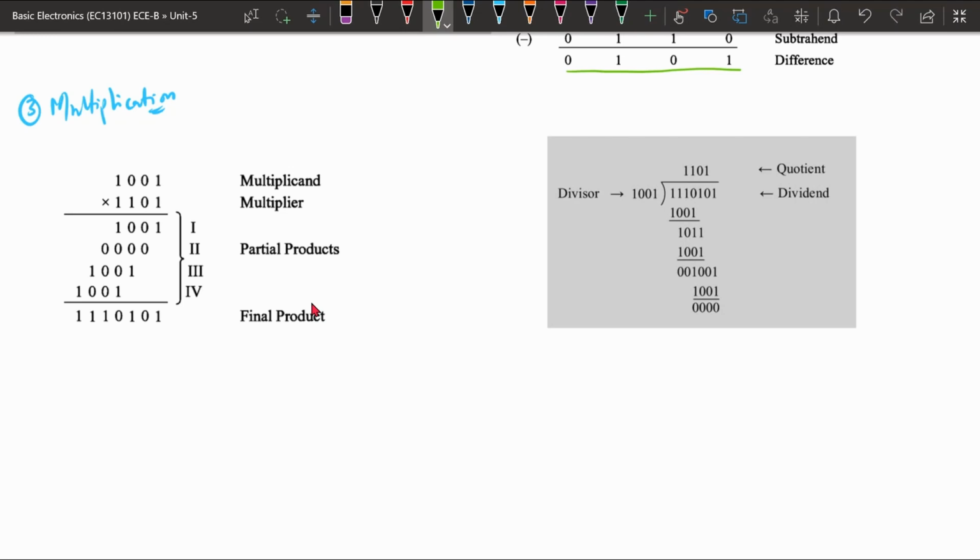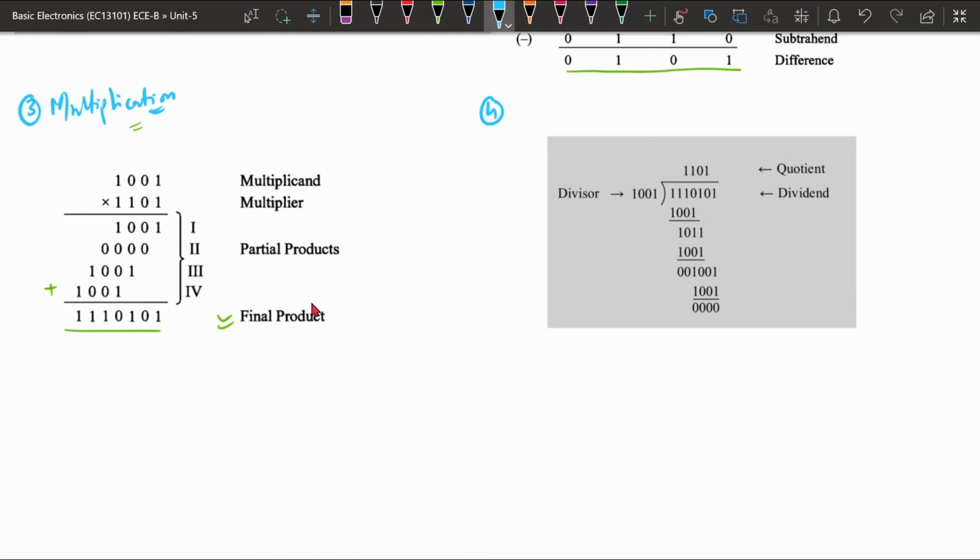So this is how we will be performing, multiplying each digit with the above one and placing it one digit leftward, and finally we will be adding all, and after adding all we will get the result. This is how the final product we will be obtaining in case of multiplication of binary digits.